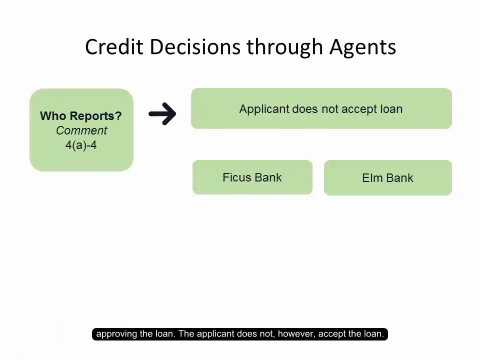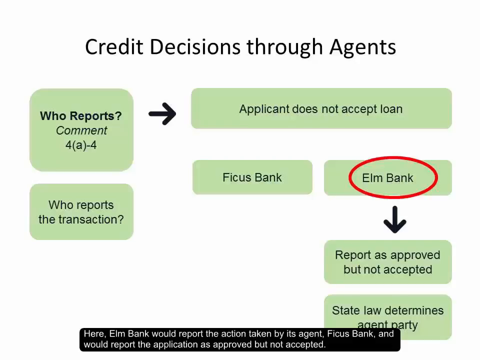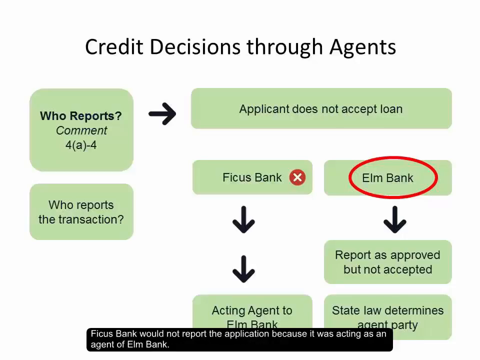The applicant does not, however, accept the loan. Who reports the transaction? Here, Elm Bank would report the action taken by its agent, Ficus Bank, and would report the application as approved but not accepted. Ficus Bank would not report the application because it was acting as an agent of Elm Bank.